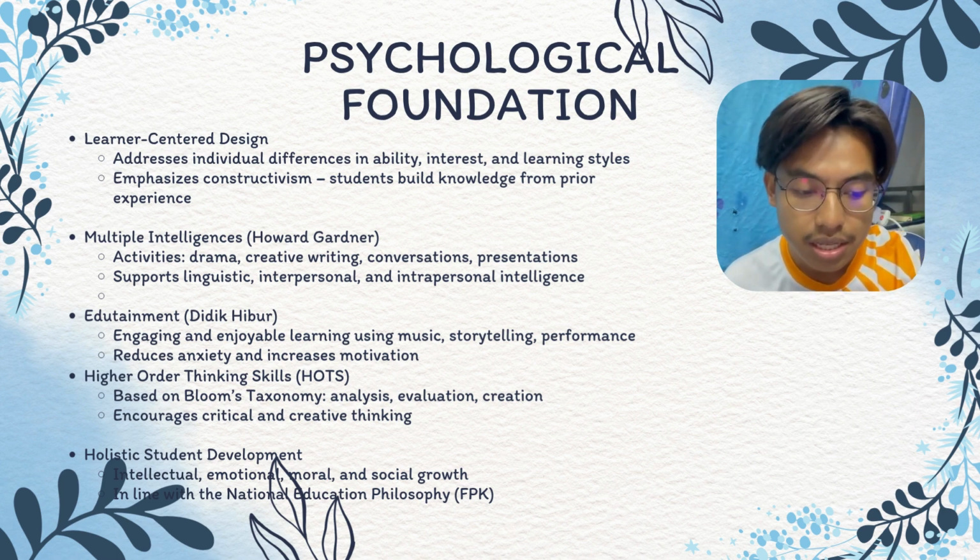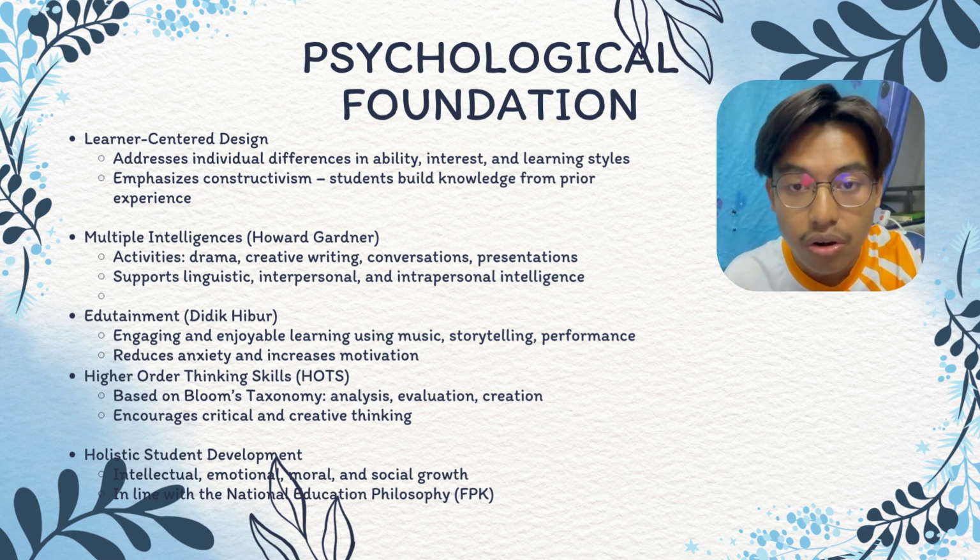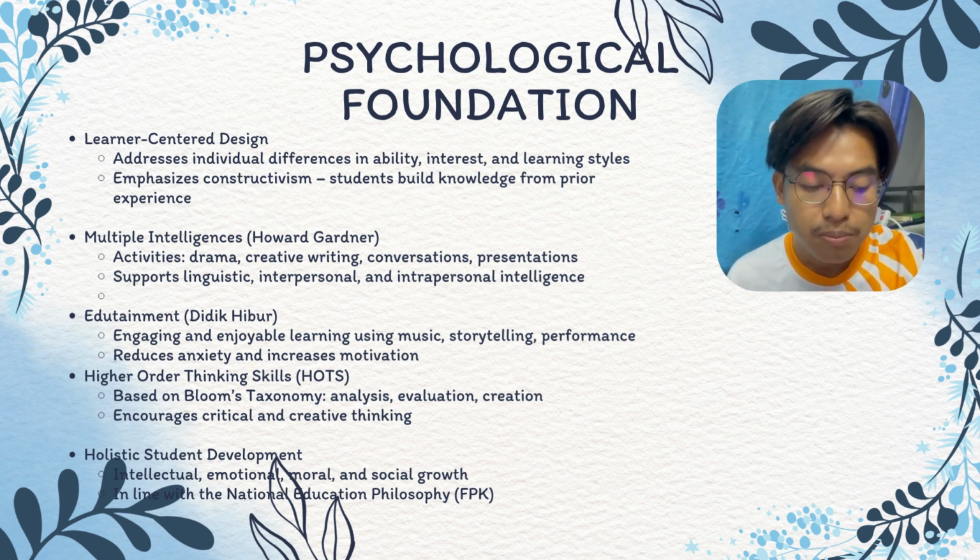Number 3 is edutainment, or didik hibur. Edutainment is engaging and enjoyable learning using music, storytelling, and performance. It reduces anxiety and increases motivation. Number 4 is higher order thinking skills, or HOTS, based on Bloom's taxonomy: analysis, evaluation, and creation.